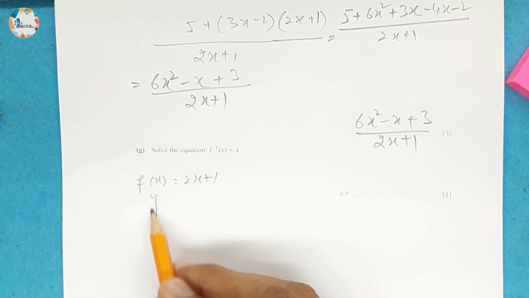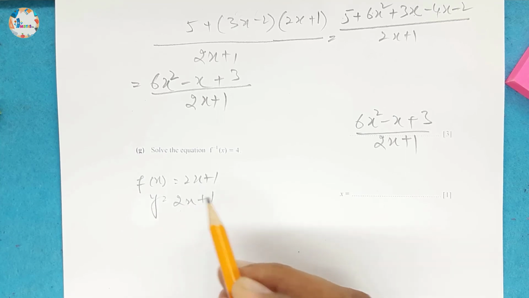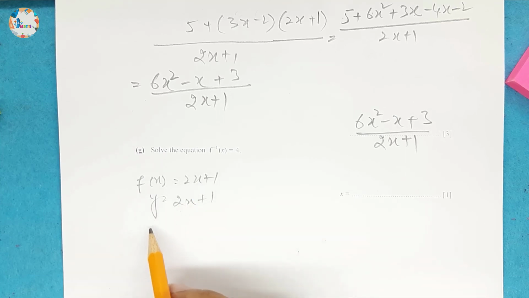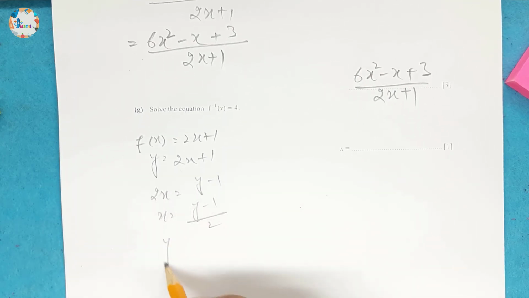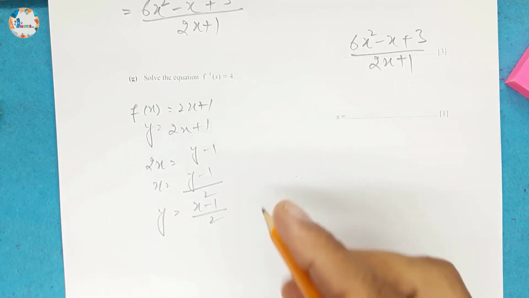So we can write y is equal to 2x plus 1. So we have to make x the subject. So 2x will be equal to y minus 1. So x is equal to y minus 1 over 2. Now we can swap, so it will be y is equal to x minus 1 by 2, and this is equal to 4.